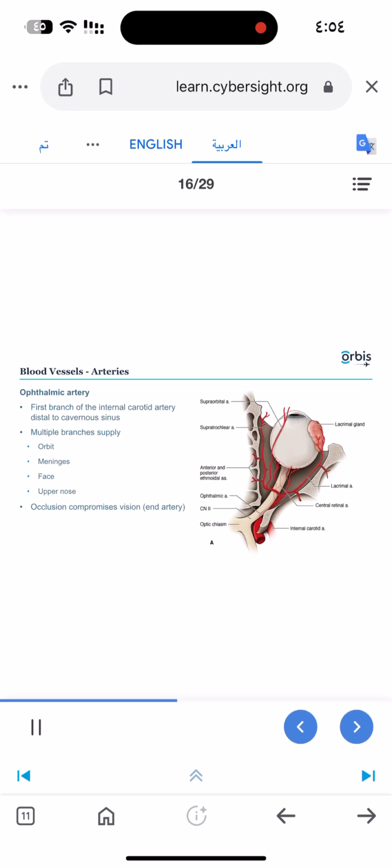It has multiple branches that supply the orbit, the meninges surrounding the optic nerve, the face, and the upper nose. Technically, the ophthalmic artery is an end artery. That means that there is no collateral supply, so that occlusion of this major artery will lead to ischemia, and in particular, loss of vision.